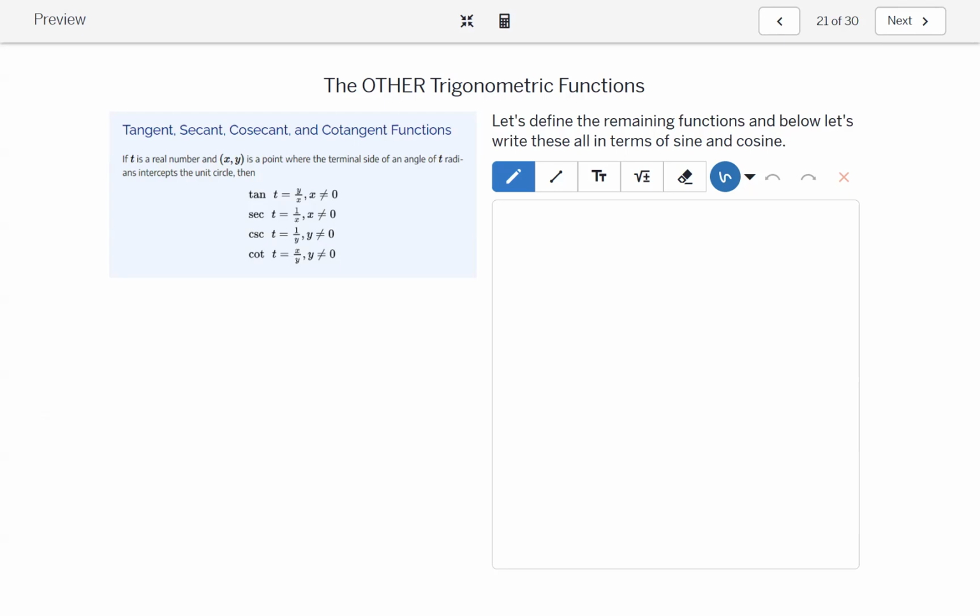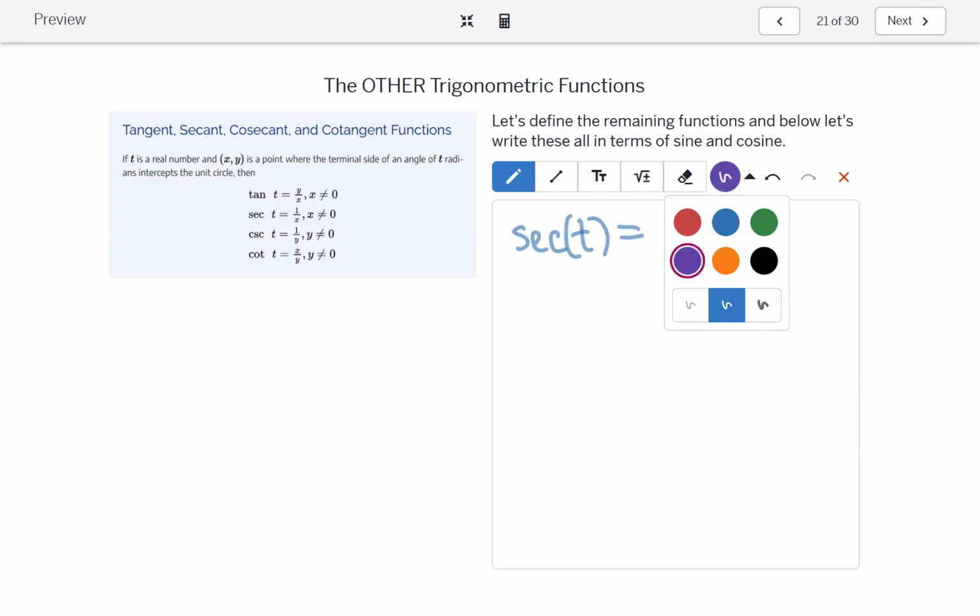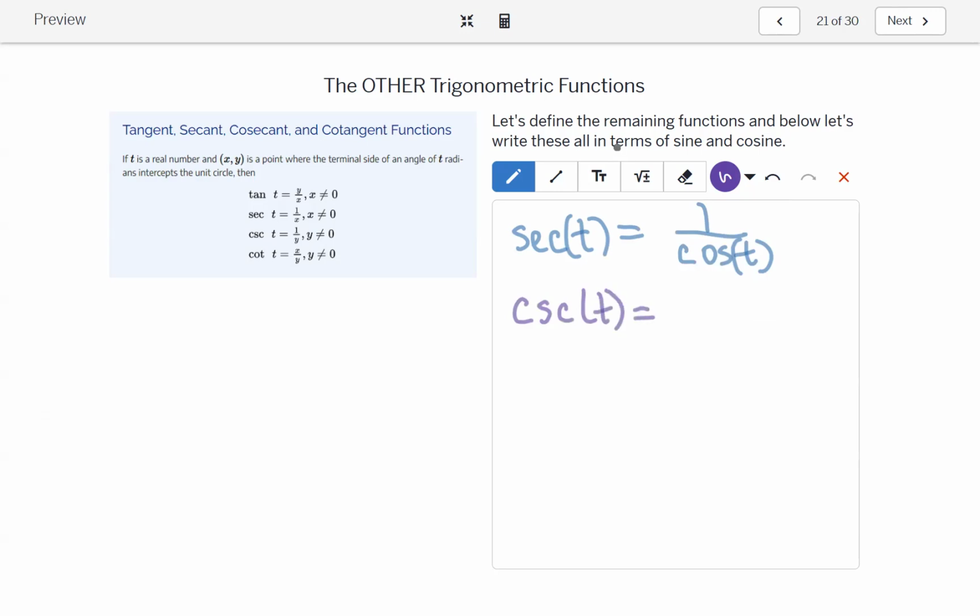So secant here is listed as 1 over x. And remember, x was our horizontal side, that's our adjacent side, so it goes with cosine. So secant is the reciprocal of cosine. Then we have cosecant is the reciprocal of the y value, which is sine.